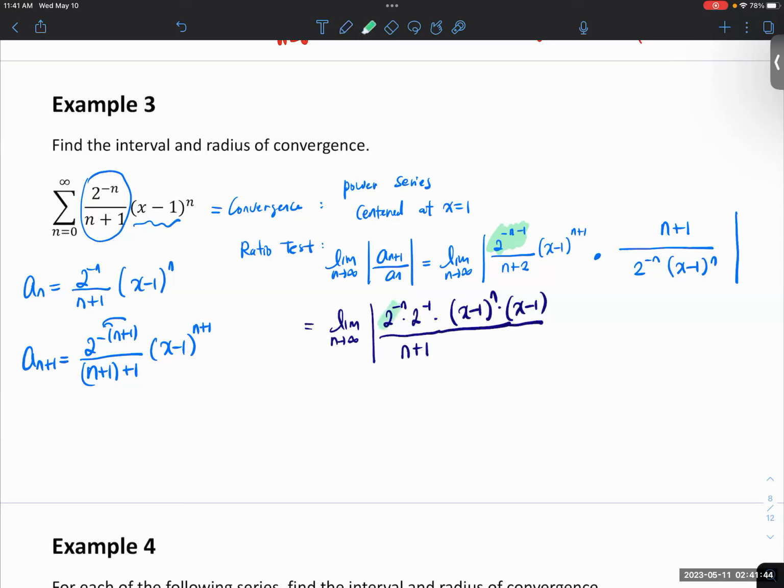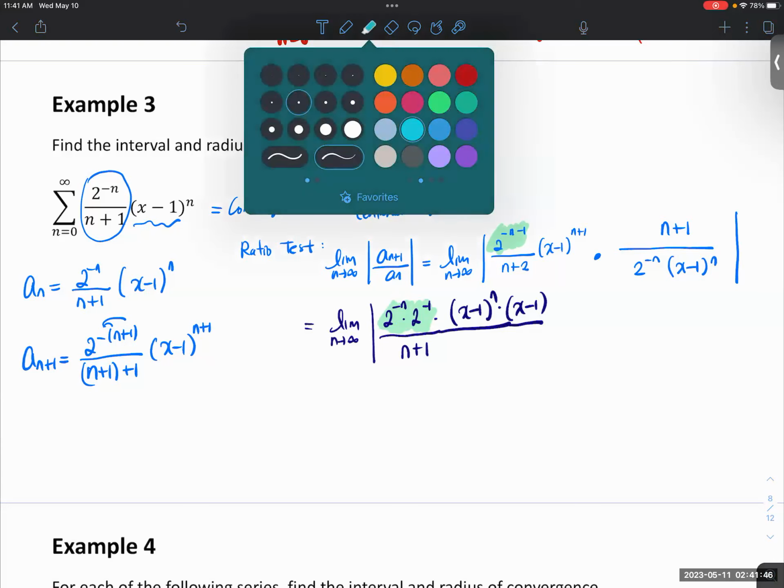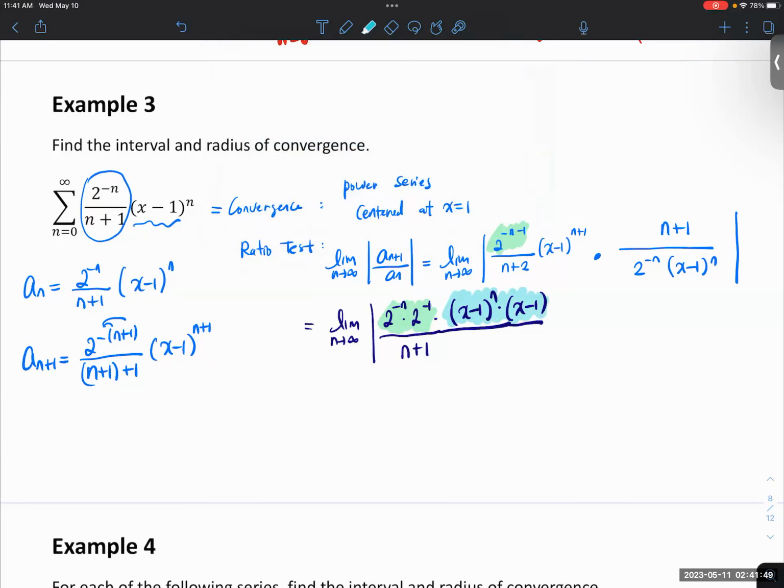This is a green, this is a blue. I like the blue. I feel like I'm missing the summer; this is spring or fall, it's a bit long, right? Anyway, this color reminds me. And I do have 2 to the negative n, (x minus 1) to the n, n plus 1. Oh, actually, I had a little typo. This is n plus 2, my bad.